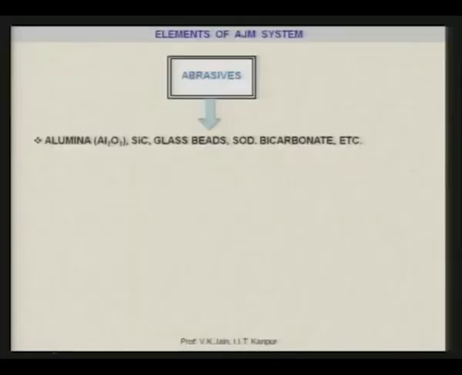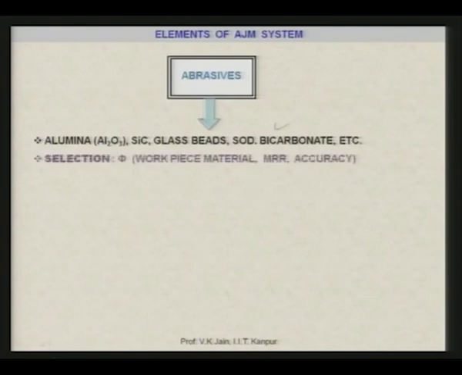Now, there are various types of abrasive which are used in abrasive jet machining, just like alumina, Al2O3, silicon carbide, SiC, glass beads, sodium bicarbonate, etc. Selection of the right kind of abrasive particles for the AJM process depends upon workpiece material properties, the material removal rate that you require, and the accuracy that you want.